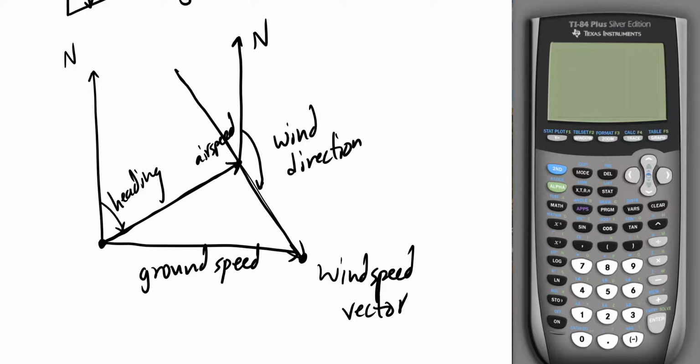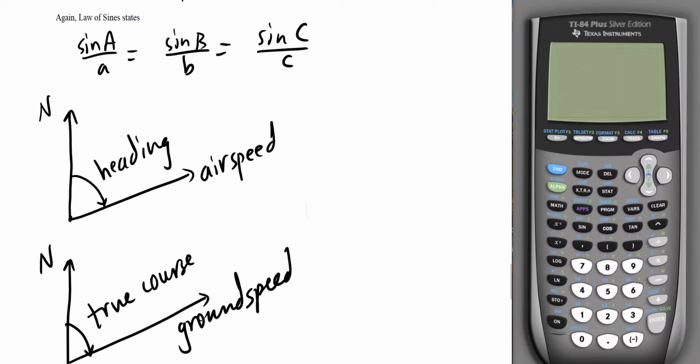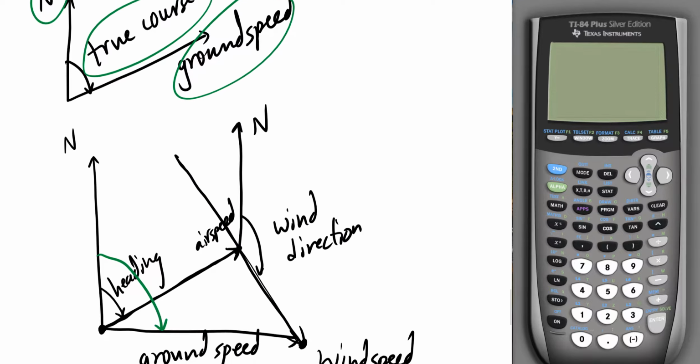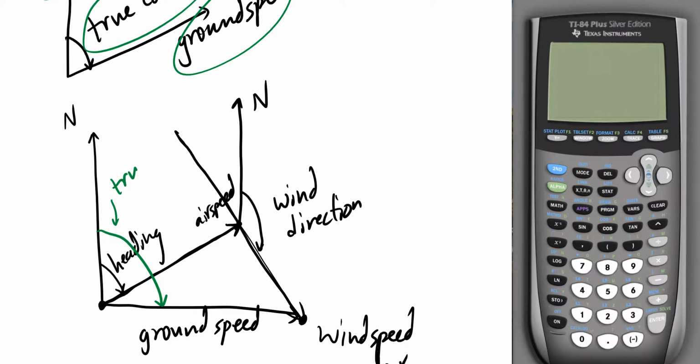And the angle from the north all the way down to the ground speed, if you remember, if I scroll back up, ground speed and north, it's the true course. So that's what we have here. We need to learn what the airspeed and the ground speed are, and how we find them if we are asked to do so.